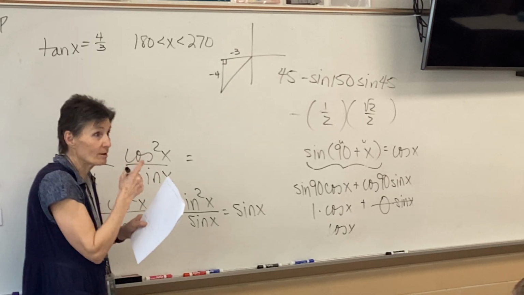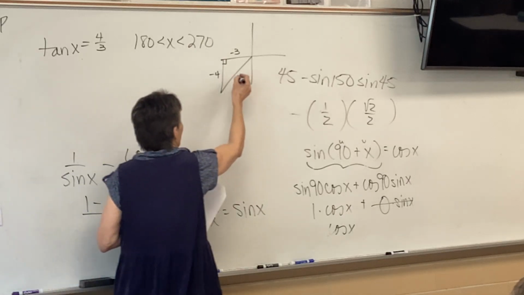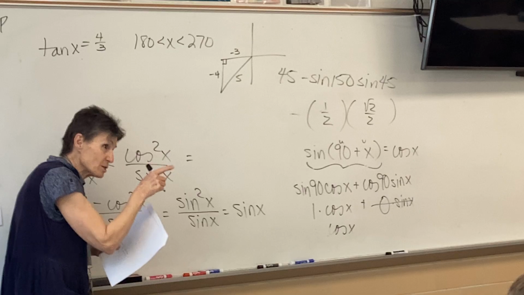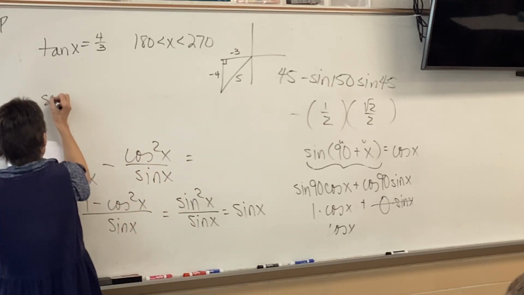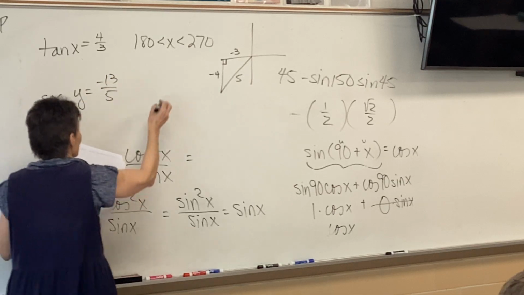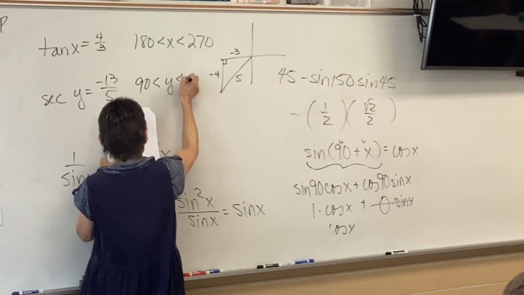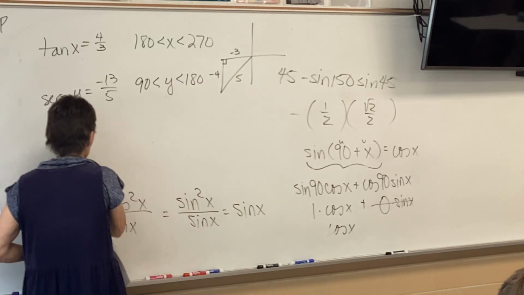And the opposite and the adjacent, watch those negatives, right? They cancel, but they're there, they're in the picture. And then, okay, so the hypotenuse is 5. Pythagorean theorem, 3 squared plus 4 squared. And then the secant is negative 13/5. And that one is in quadrant 2.